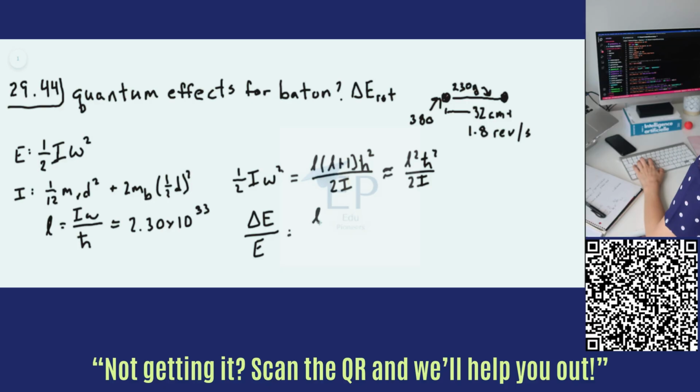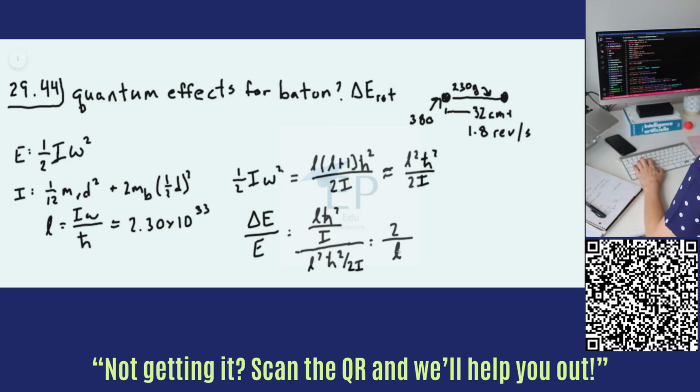So then this is going to be L h bar squared over I, and then divided by L squared h bar squared over 2I. This simplifies down to 2 over L.